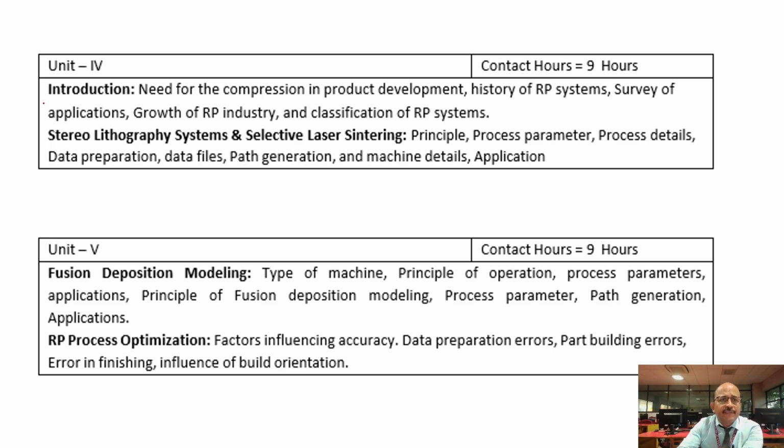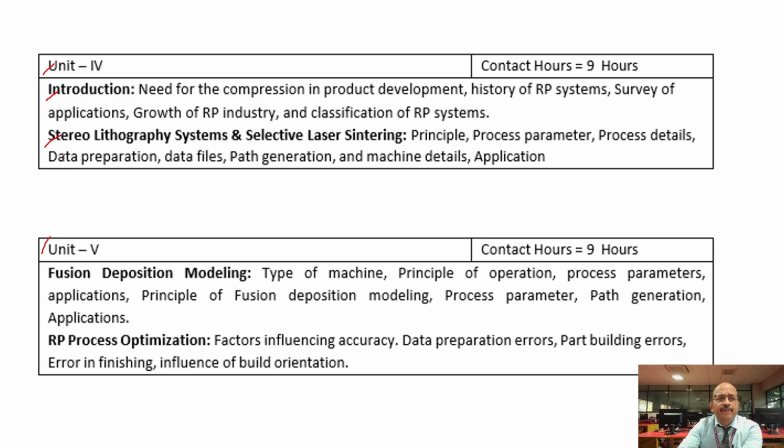You are supposed to test it. To do that, you need a prototype. To make a prototype, we need to study rapid prototyping, which is dealt with in unit 4 and unit 5. So, introduction to rapid prototyping and various methods of the rapid prototyping process, that we are going to study.